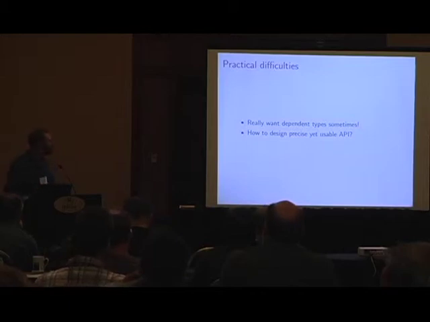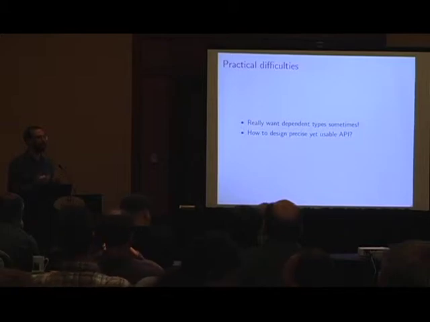Some issues that come up: sometimes we really want dependent types to be able to say the type of this thing depends on how long it is or when it starts. You can't really do that in Haskell. And with those types I showed you, there's a lot going on, and how do you present that to the programmer in a way that is precise, but they will still be able to use it and not just get lost in all the types?